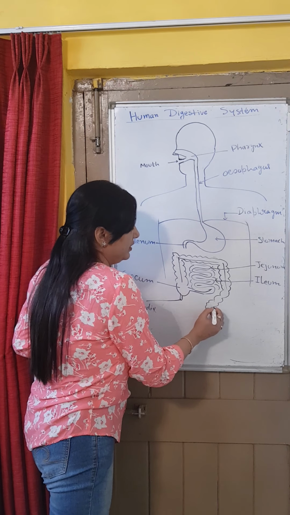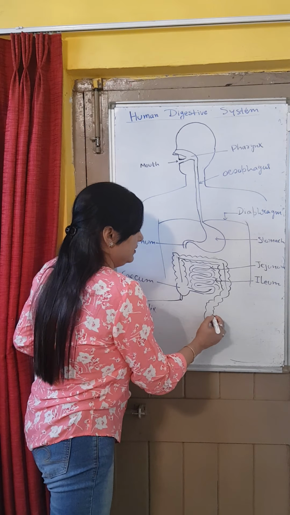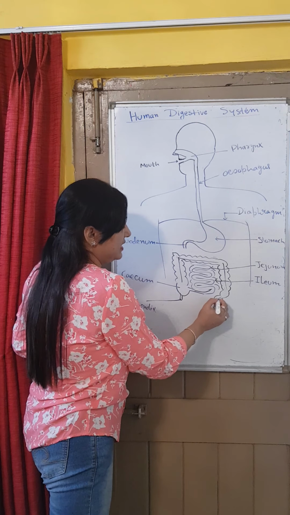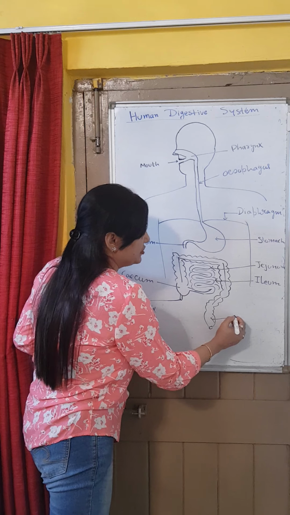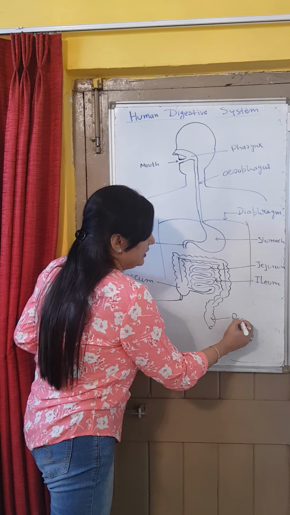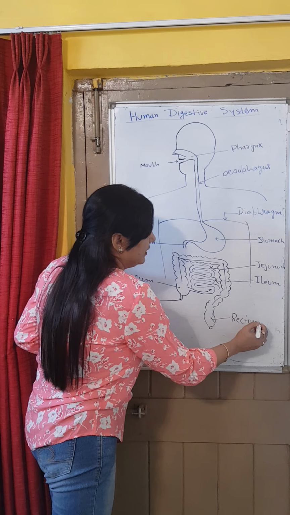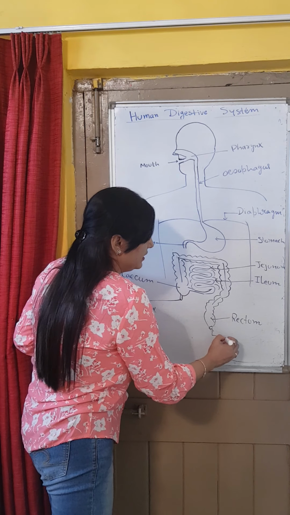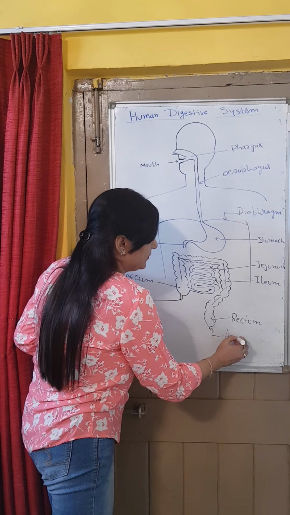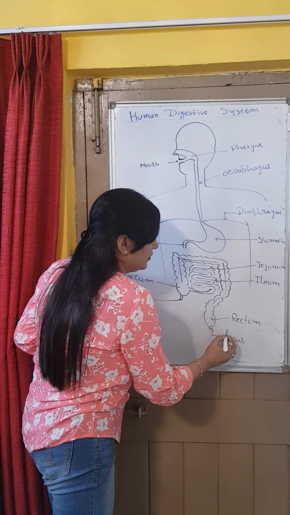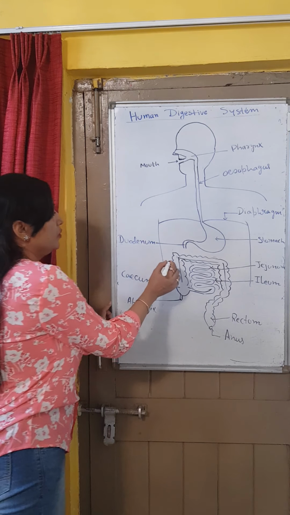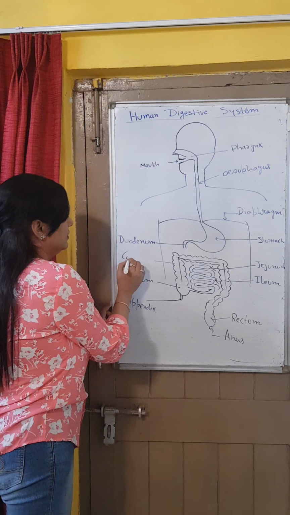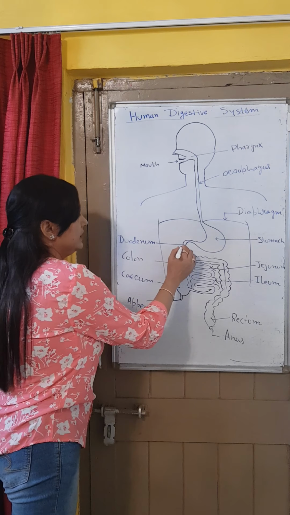The part of the colon coming towards the center is called the sigmoid colon, which ends into a sac-like structure called the rectum. The rectum ends into the anus. Anus is the opening. This is the colon. This is the duodenum.